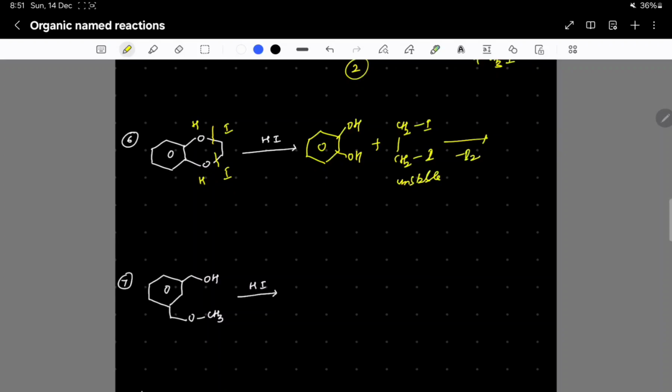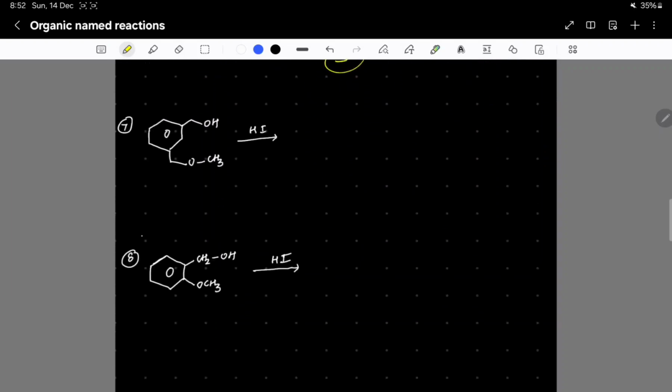It loses I2 and forms CH2=CH2. Again it reacts with one more HI and you will get CH3CH2I as the possible product. For this reaction, 3 moles of HI are required.